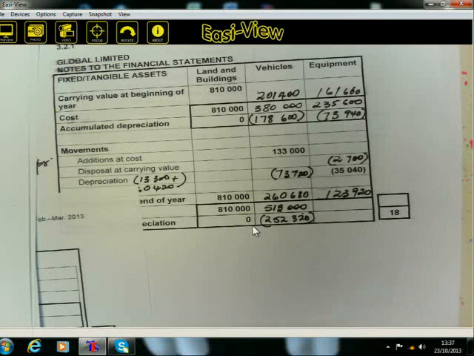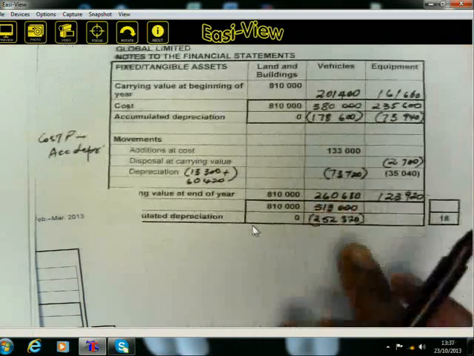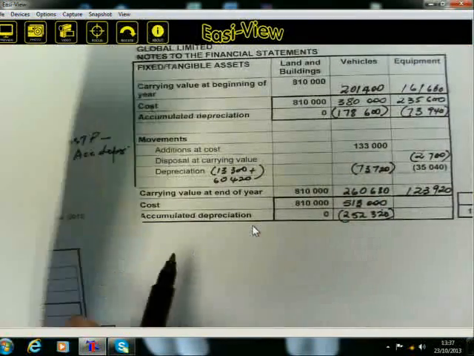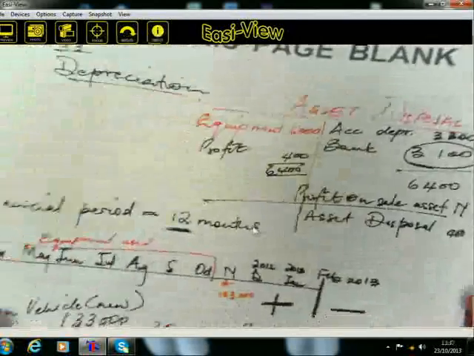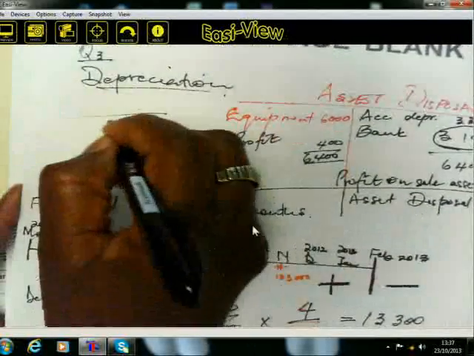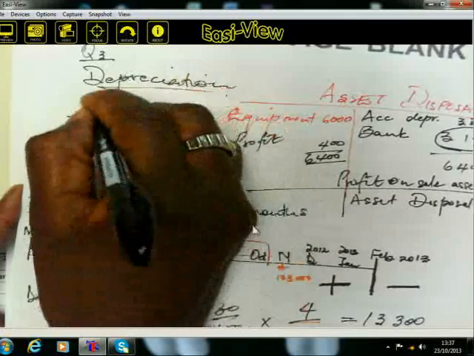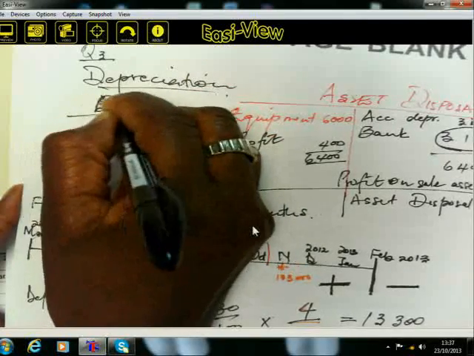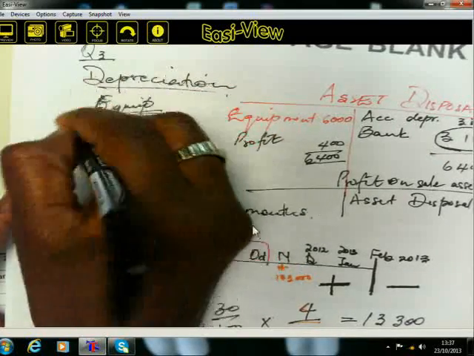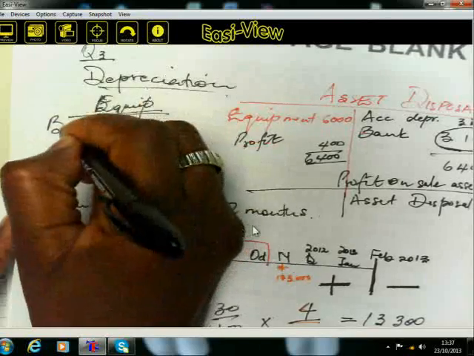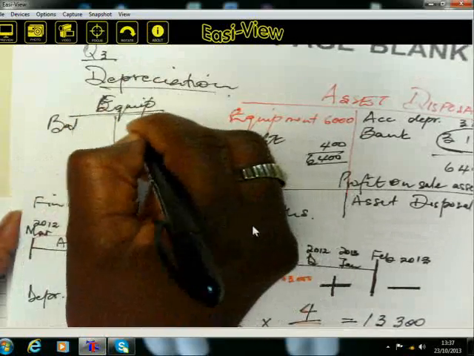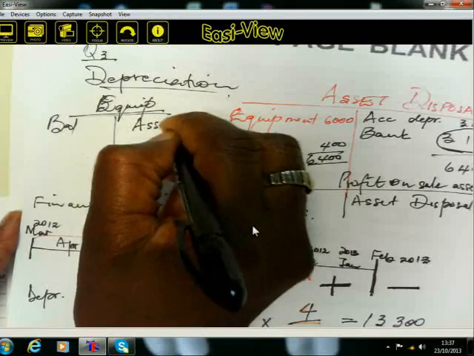Then let us complete that note, the cost at the end. How much is the cost at the end? If I was supposed to do the equipment account, I would have the balance of the equipment and the asset disposal.